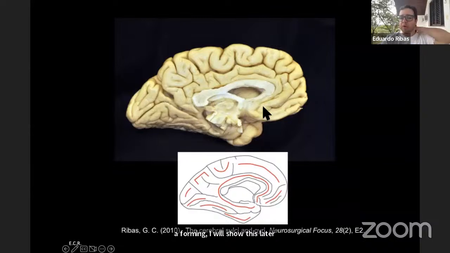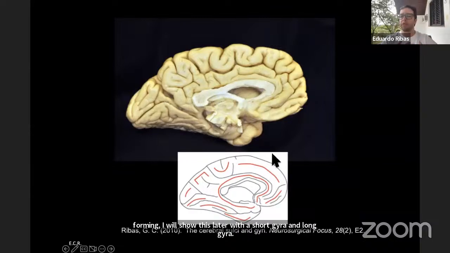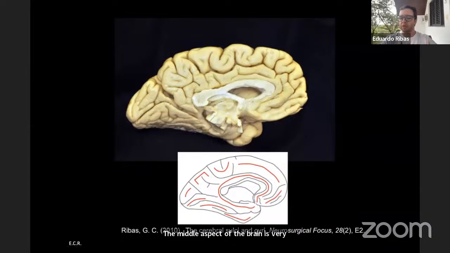The middle aspect of the brain is very consistent. All of us will follow pretty much this system here. So the first structure that we want to look for is the corpus callosum. The corpus callosum is not really cortical surface, but it's really easy to see. It's a very white structure in the middle of the middle aspect of the brain.